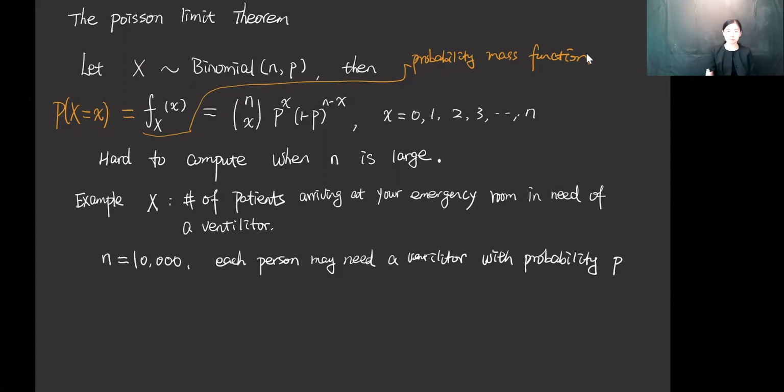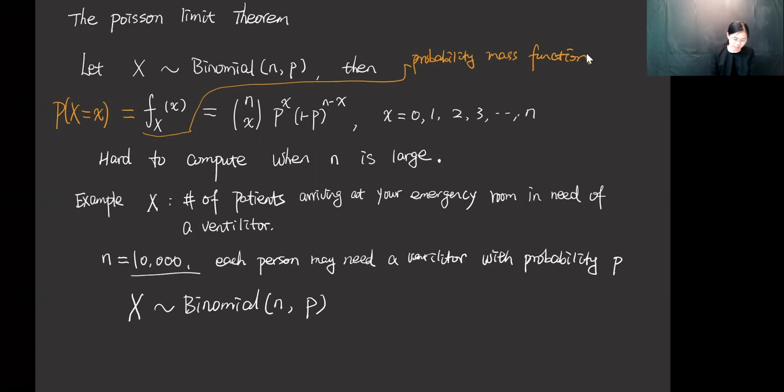Granted, this probability is typically very small, but because you have 10,000 people that your hospital is serving, on any given day there is a good probability that some of them will be there and need a ventilator, and you want to have some idea of how many. If you think about X this way, then it's logical to say that X is a binomial random variable with parameters n and p.